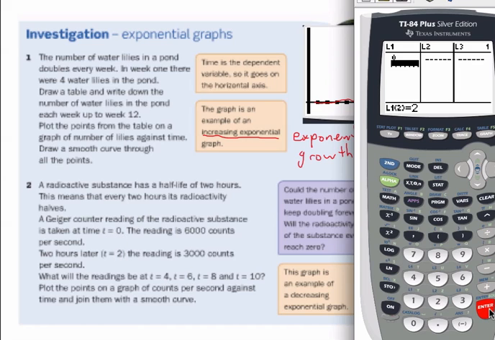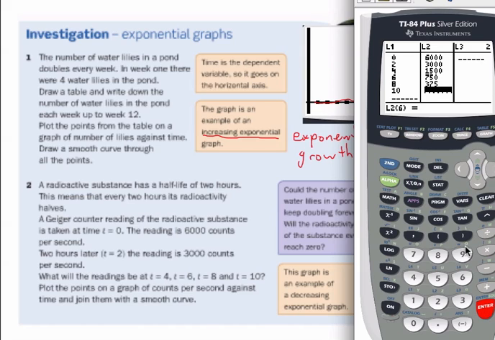So 2 hours, 4, 6, 8, 10, and the amount of the radioactive substance is first 6,000, and then 3,000, and half of that is 1,500, and then it's going to be 750, and then half of that will be 375.